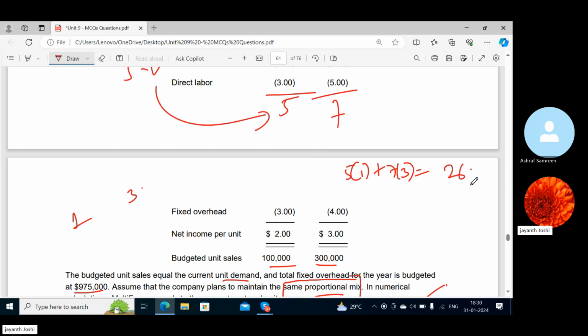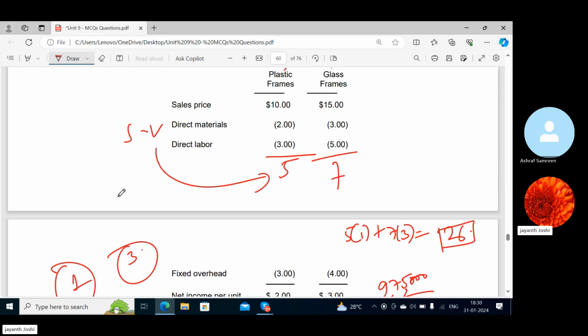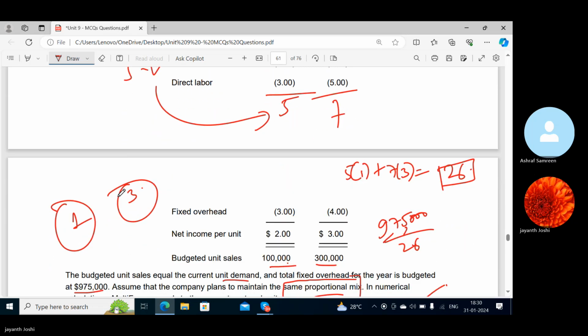So how much you'll get? 26. Is it right? Yes, sir. 26. Yeah, so now 975 by 26. Why I took 26, you understood, right? Because the sales mix is for every 1 unit of plastic frame, 3 units of glass frames, correct? Yes, sir.